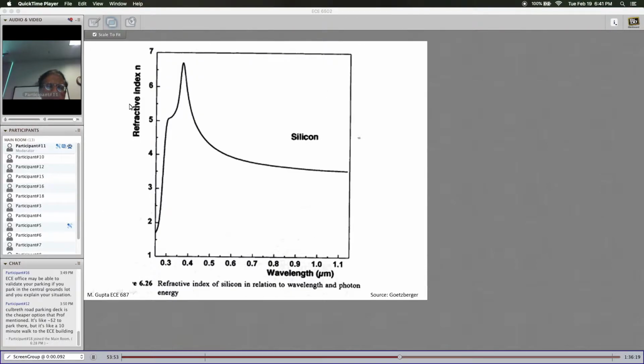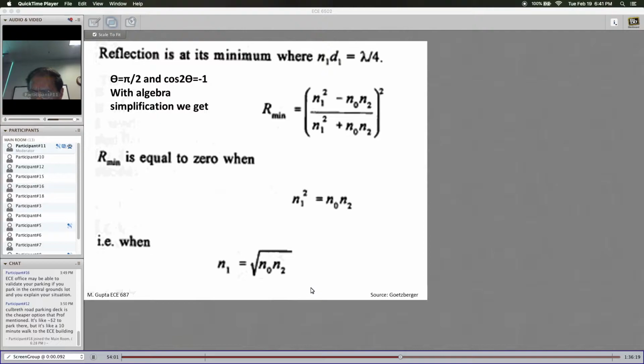Now, the refractive index of silicon as a function of the wavelength. The wavelength of the light being absorbed by the cell is not constant, right? Because we have white light, which has different wavelengths. So in that case, how do we design our anti-reflection coating? Great question.